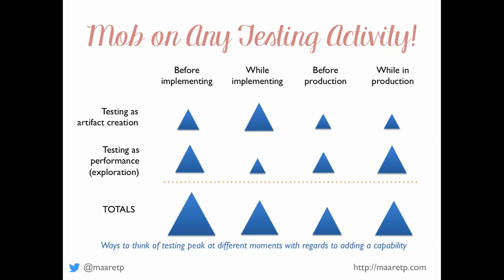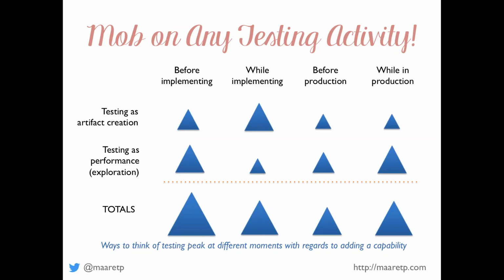And we've been continuously releasing, so we also take activities where we're looking at things while they are in production, to learn about them as feedback for things that we might want to change with our product. Sometimes we're creating test automation, testing as artifact creation, and sometimes we're exploring together and trying to learn how to better explore.